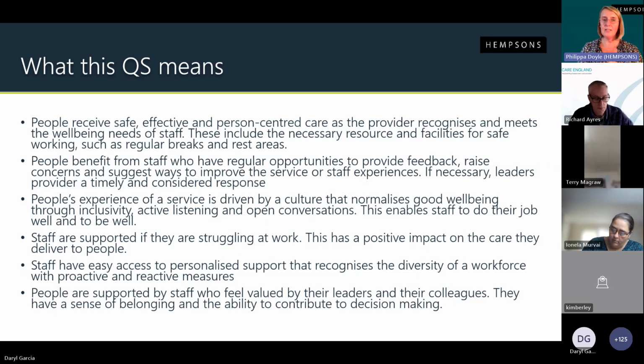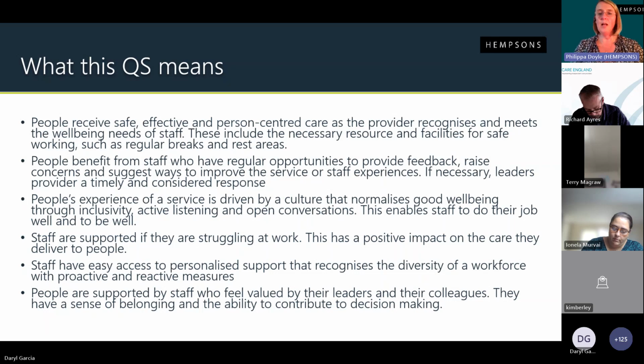They've got easy access to personalised support that recognises the diversity of a workforce with proactive and reactive measures. So if something goes wrong, there's support there to be able to assist somebody. But actually, there's also systems and processes in place to support somebody so that something doesn't need to go wrong. That, if they feel themselves having a little bit of a wobble, that they've got mental health support, or if they want additional training around something, that's available within the organisation as well.